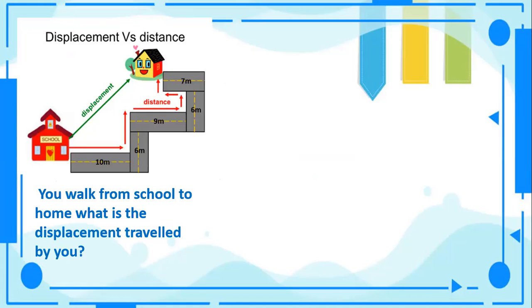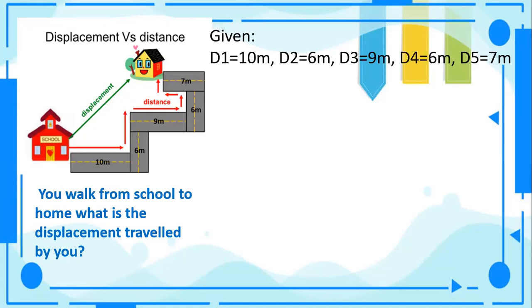Based from the problem, we have a given of distance 1, 10 meters, distance 2, 6 meters, distance 3, 9 meters, distance 4, 6 meters, and distance 5, 7 meters. In this case, we need to identify first the x component and the y component based from the given.